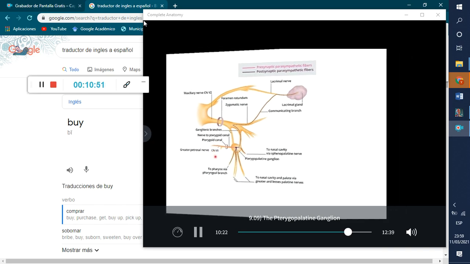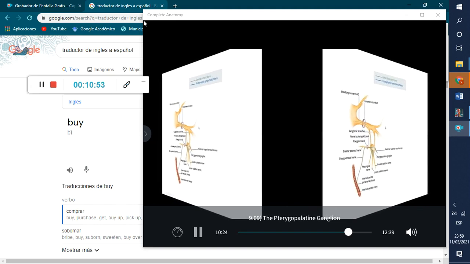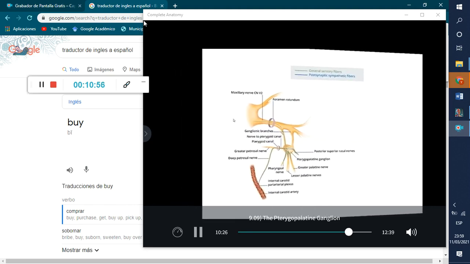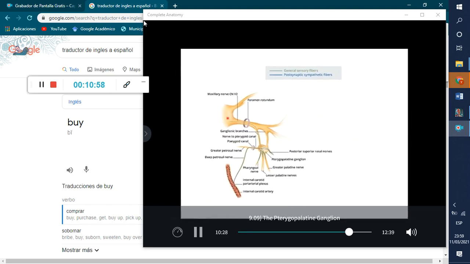Last image. For our general sensory fibers, we know the great sensory nerve is the trigeminal nerve, which has V1, V2, and V3. We have general sensory fibers, they're actually GSA fibers, so they have to come from the periphery, travel this way, pass through the ganglion, and go back to the trigeminal ganglion.